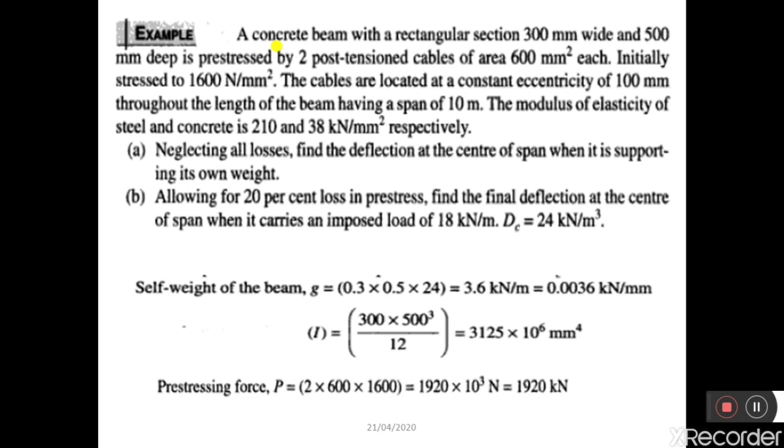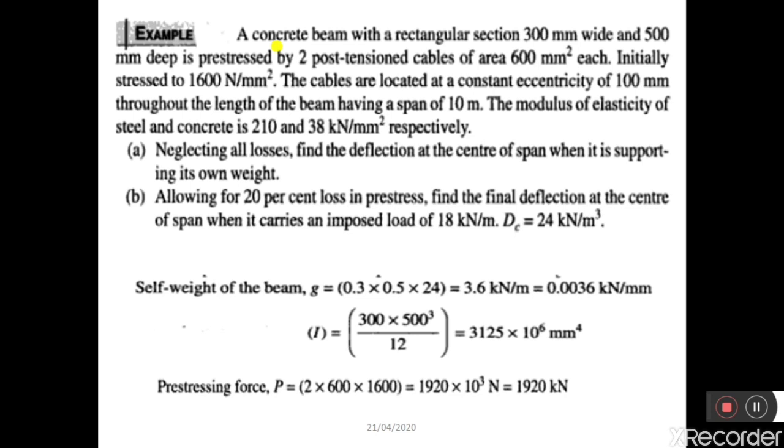And here the cables are having an eccentricity of 100 millimeter. We should note that the eccentricity is constant throughout the length. So constant throughout the length means it is understood that the beam is having a straight cable or a straight tendon, and the span of the beam is 10 meters.